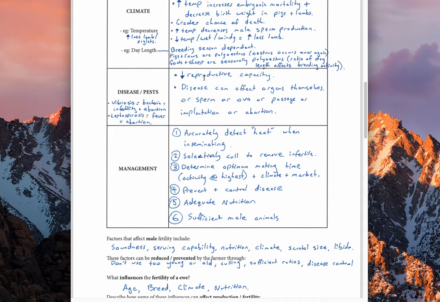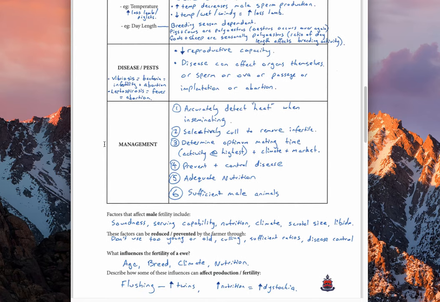It will reduce the reproductive capacity, because the animal just has less energy and just less ability to actually reproduce at that time. And then lastly here, of course, pests and diseases could actually directly affect the reproductive organs, in which case the sperm or the ova or the passage or implantation can cause abortion potentially. So that's how disease and pests can limit fertility.